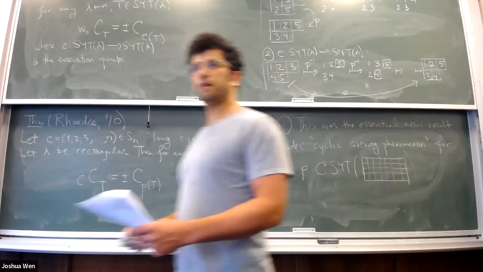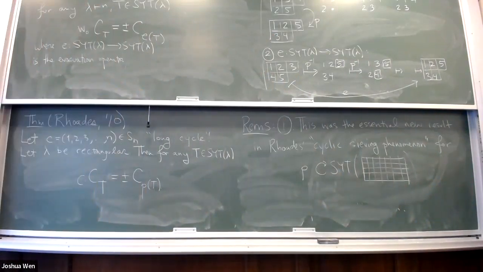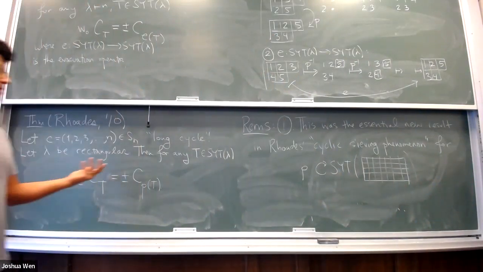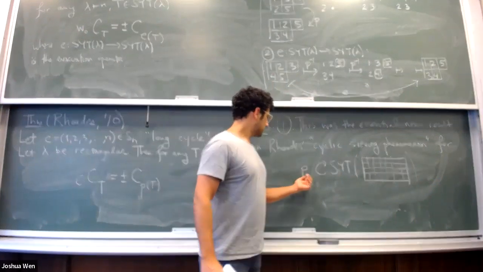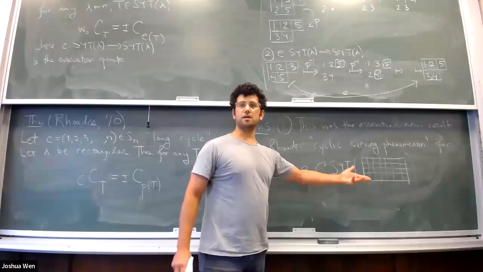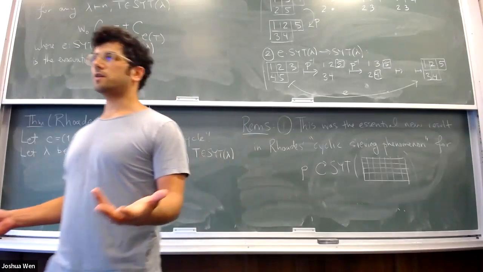So if you're not familiar with this notion of cyclic sieving phenomenon, what I'm essentially saying is that Rhoades was trying to study, okay, you have some automorphism of the set. He was interested in the cycle structure of this automorphism.